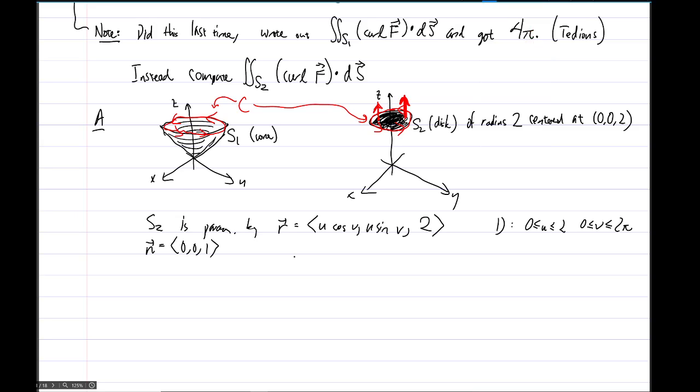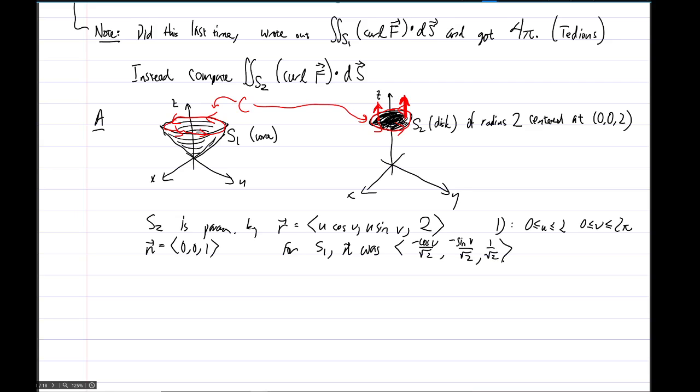Just as a comment, I want to recall for comparison that for S1, this surface over here, the orientation needed to take into account the point you're at. What we had for S1 last time was the vector negative cosine v over root 2, negative sine v over root 2, 1 over root 2.